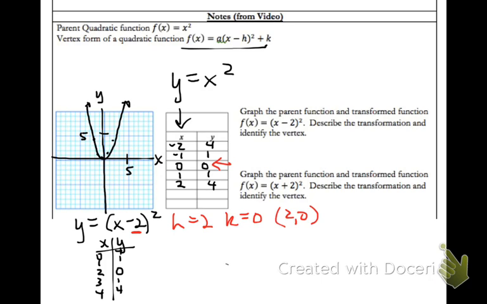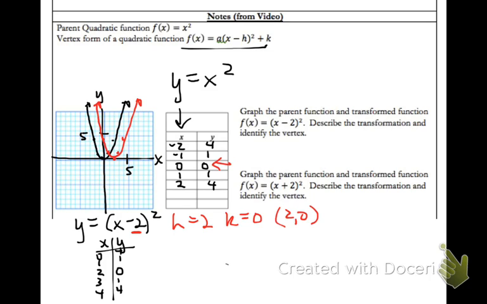I'm going to graph this function in red. Plot the points on your axes, and then draw a smooth curve, with arrows on the ends of your nice U shape. And then notice how the graph shifted.